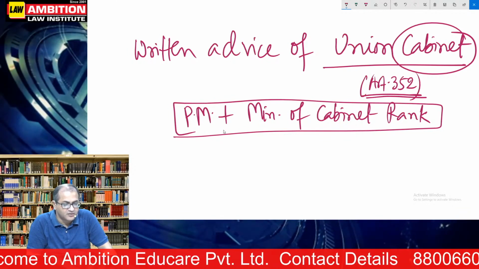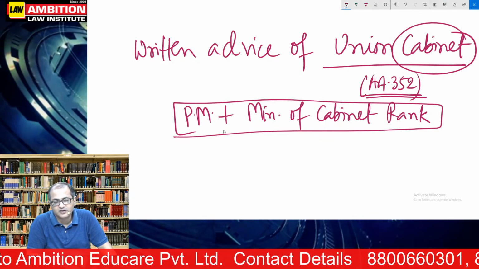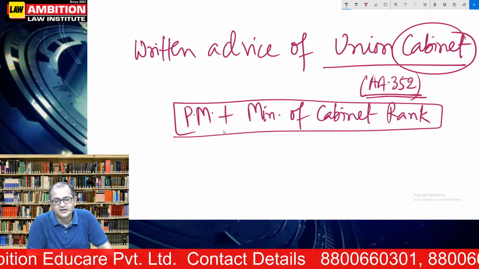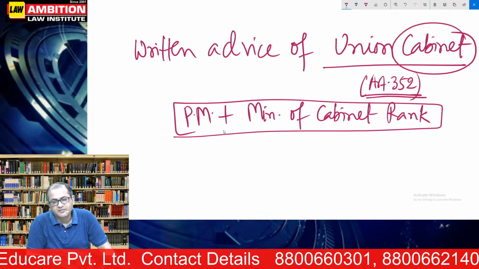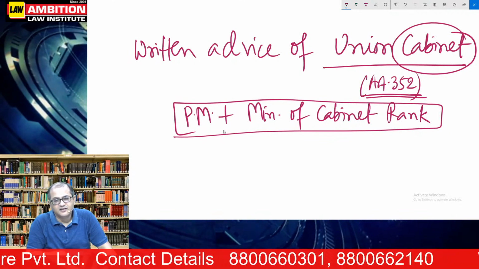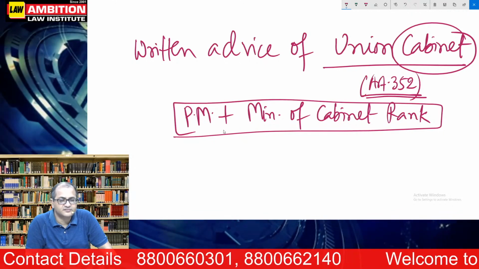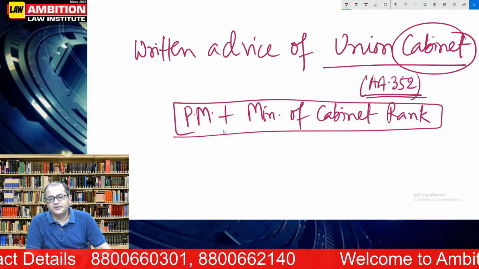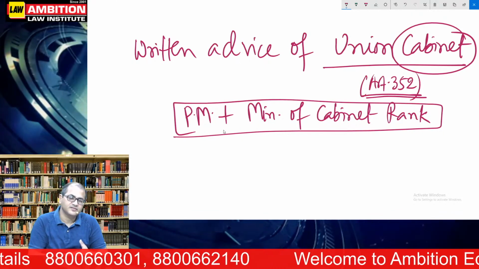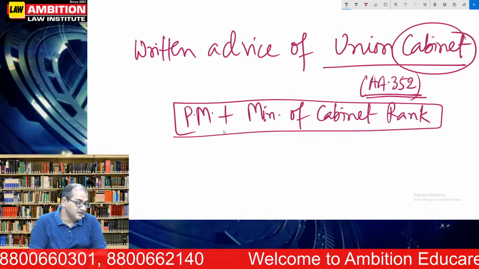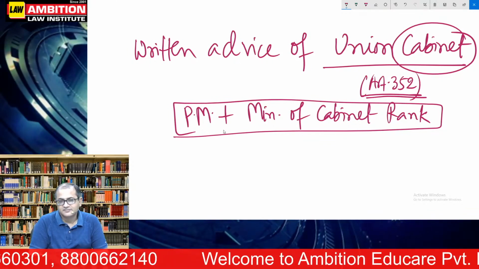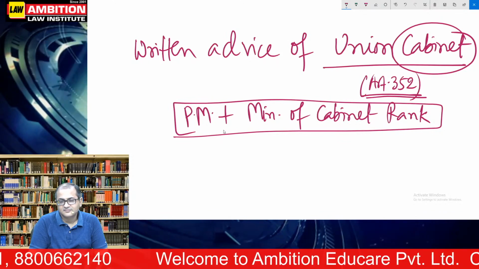If you compare and contrast Article 352 with 356 and 360, you find that in 356 and 360, it is provided that the time of approval is 2 months. Why in 352 is it 1 month? The reason is obvious.